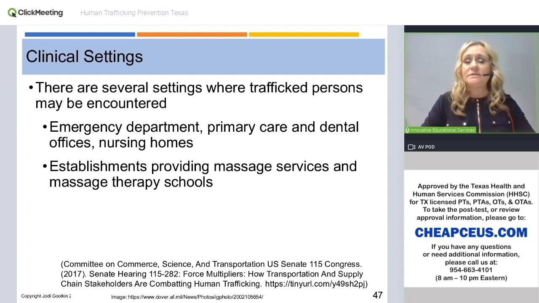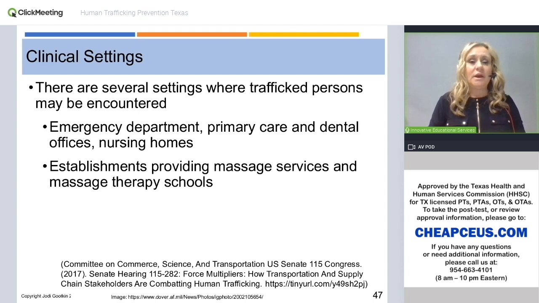We need to think of the different clinical settings where we can encounter these potential victims, whether it's in emergency departments or urgent cares, Planned Parenthood, hospitals, home health settings, nursing homes, dental clinics, particularly in massage services and massage therapy schools. We might encounter individuals who are victims of either labor and or sex trafficking.